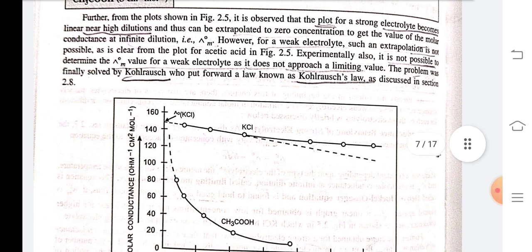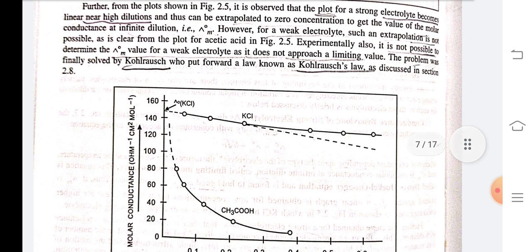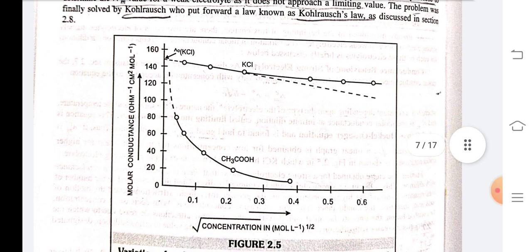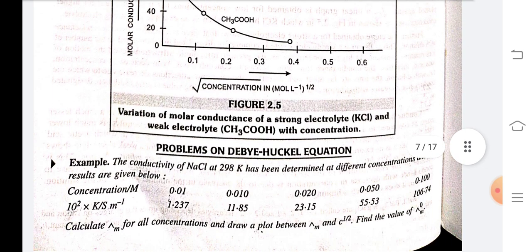However, for a weak electrolyte, such an extrapolation is not possible, as is clear from the plot for acetic acid in figure 2.5. Experimentally also, it is not possible to determine the Λ°m value for a weak electrolyte, as it does not approach a limiting value. The problem was finally solved by Kohlrausch, who put forward a law known as Kohlrausch's law, as discussed in section 2.8.